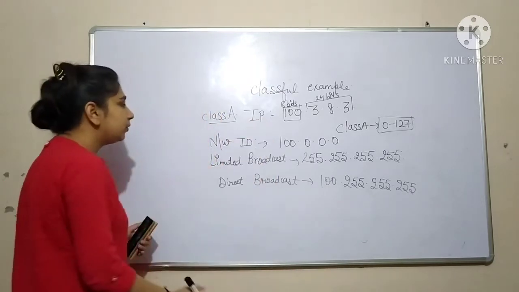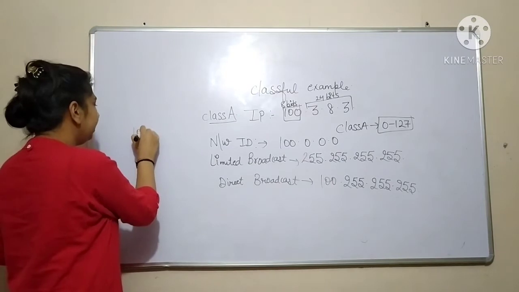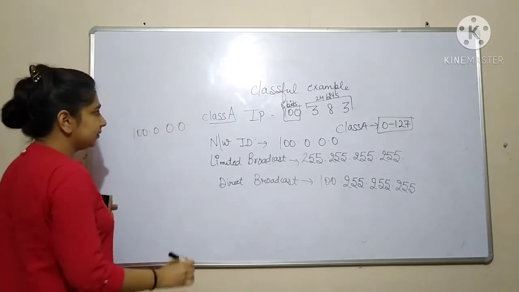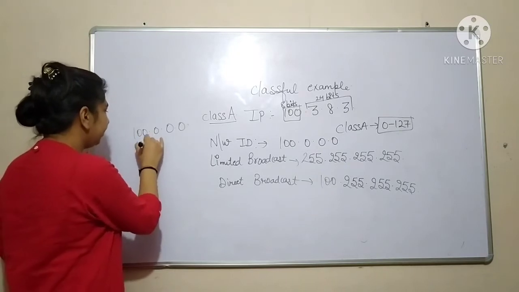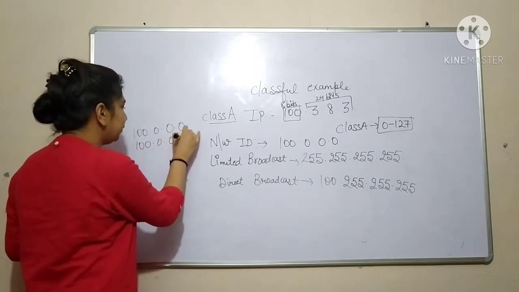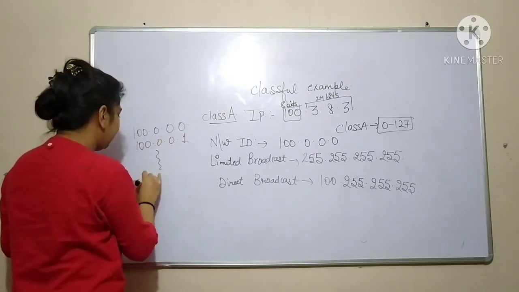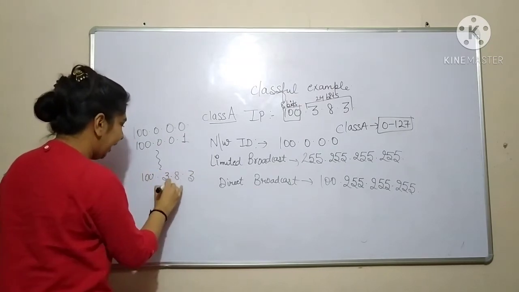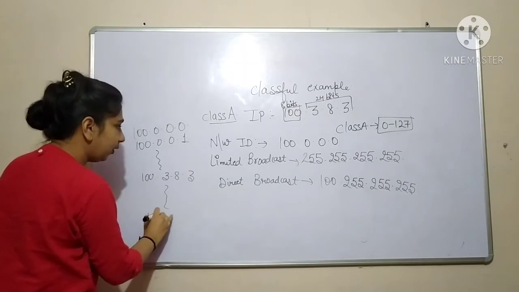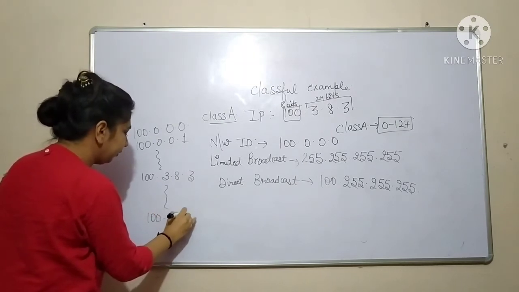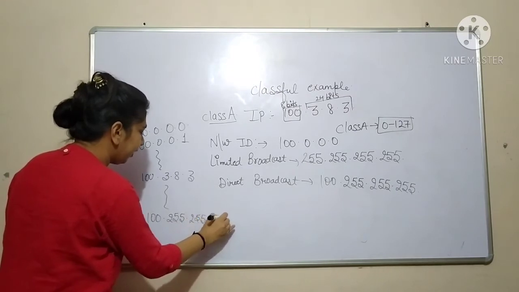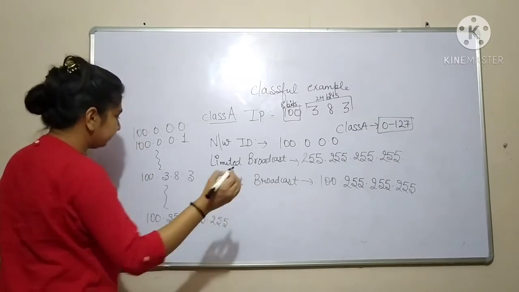Okay, so if you want to summarize it, how you will be doing? So we have the first this. Okay, next we have 100.0.0.1. Then we have 100.3.8.3. At last we have 100.255.255.255 this way.